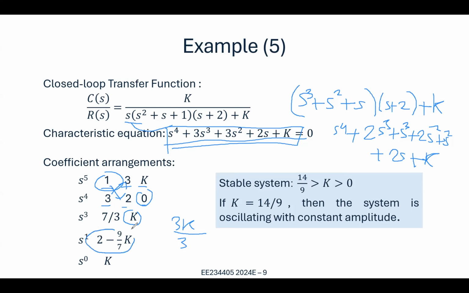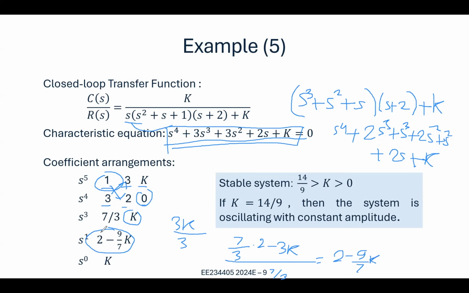For the third part, we have 2. We can multiply this 7 per 3 times 2, then minus 3k, and this is over 7 per 3, which means that you have 2 minus 3k divided by 7 per 3, which is 9 per 7 k.